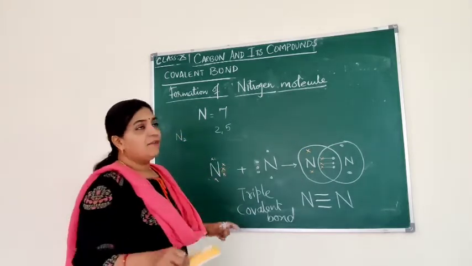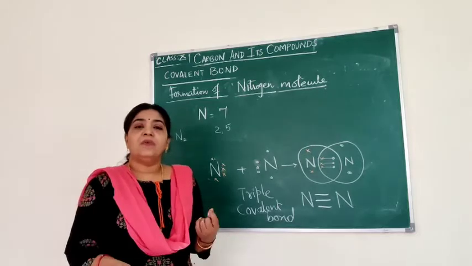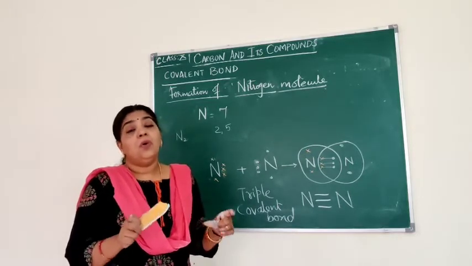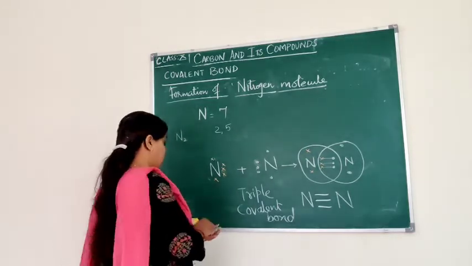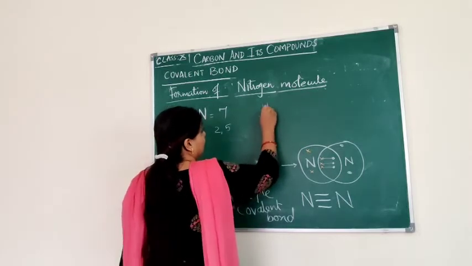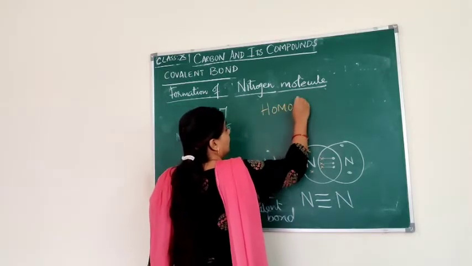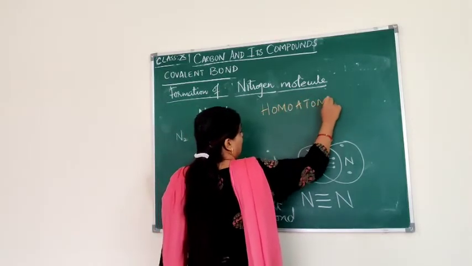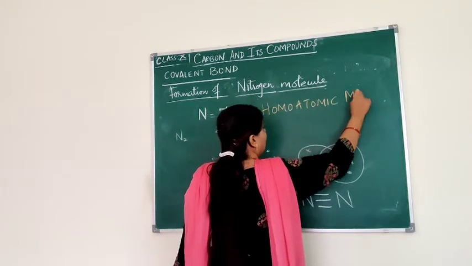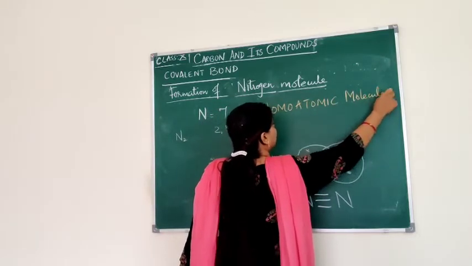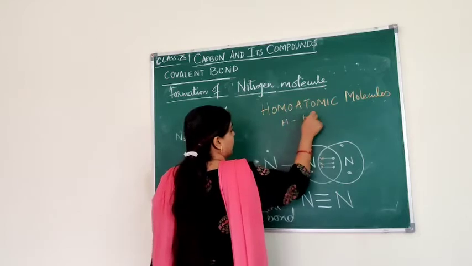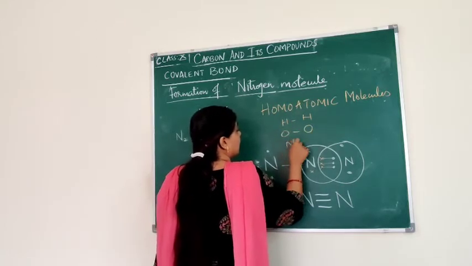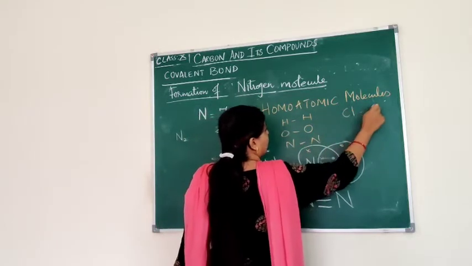So what we have seen so far is the covalent bond formed between homoatomic molecules. Homoatomic molecule means between the same atom, like hydrogen and hydrogen, oxygen and oxygen, N and N, and chlorine and chlorine.